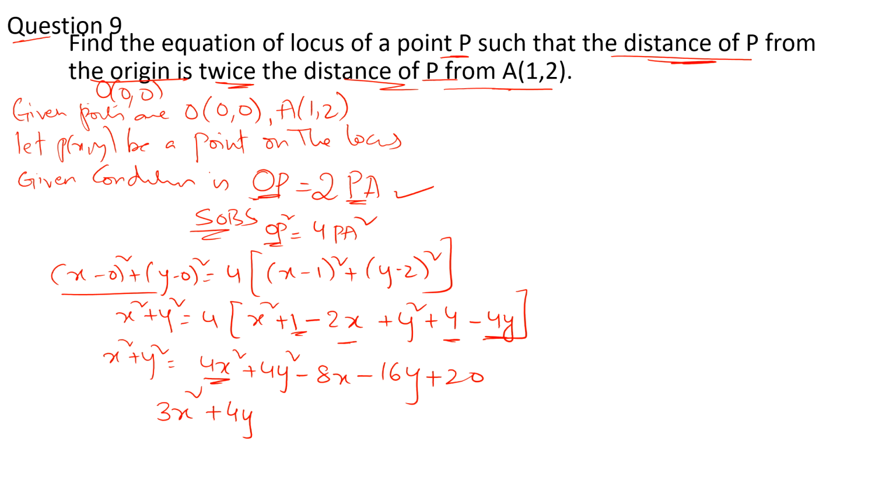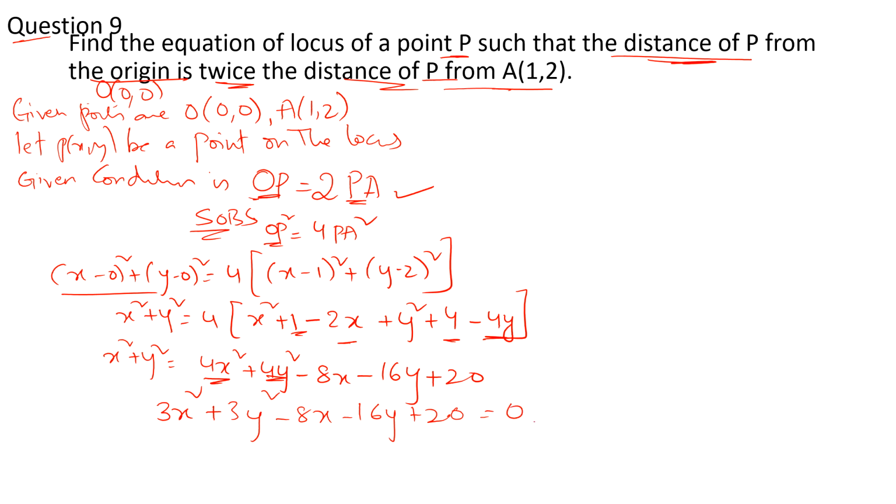Sorry, 4x square. 4x square minus x square is 3x square, and 4y square minus y square is 3y square, and minus 8x, minus 16y, we can keep all these terms like that only. Plus 20 is equal to 0.